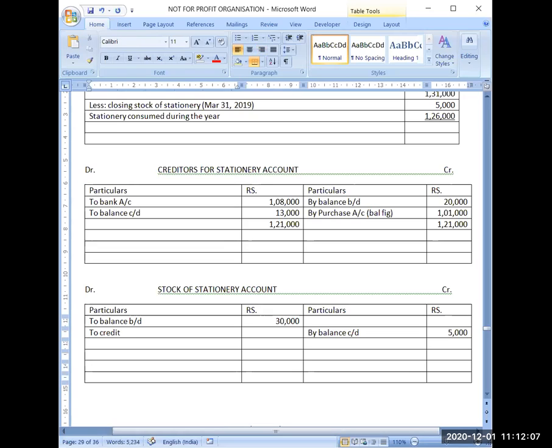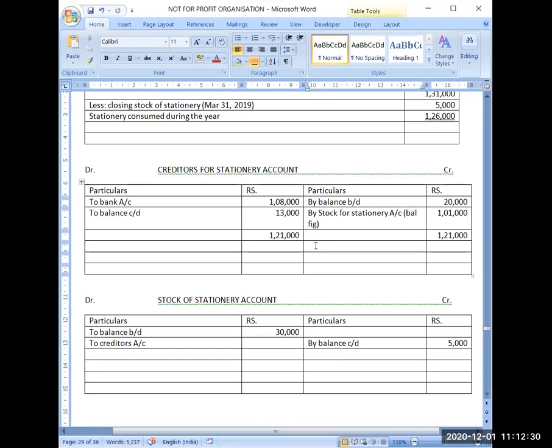creditors account. So now you will be writing it here by stock for stationery account. So the amount is 1,01,000. This way the total will become now 1,31,000.